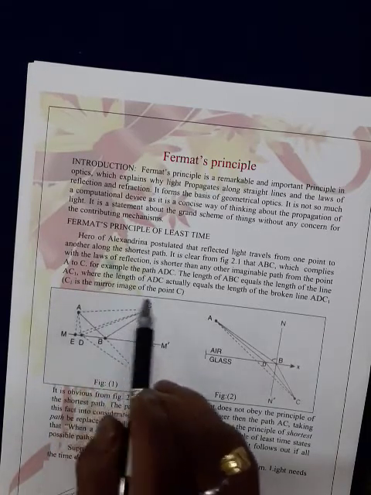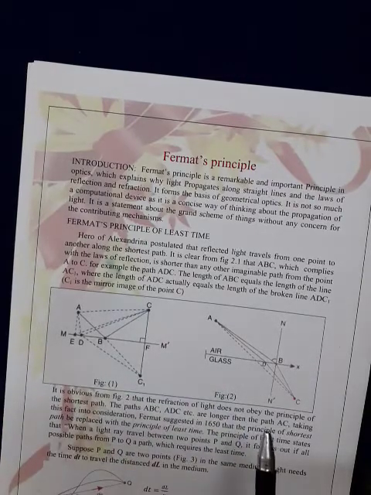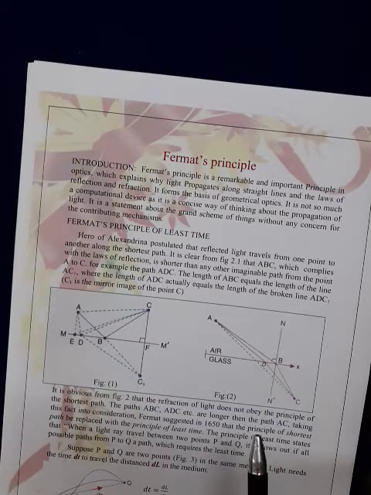For example, the path ADC, the length of ABC equals the length of the line AC1.